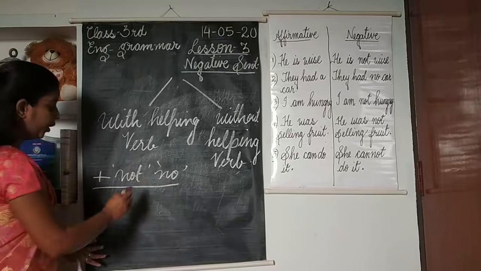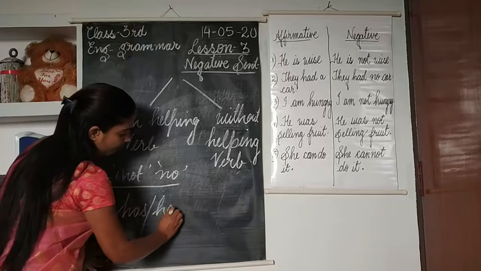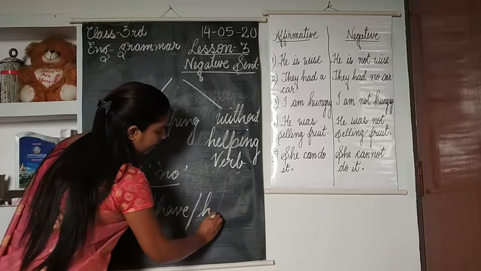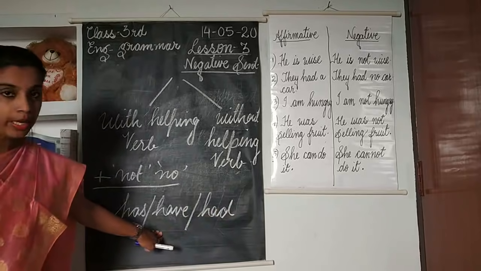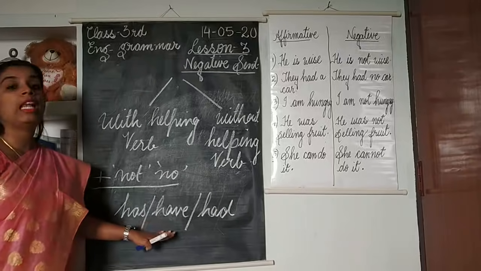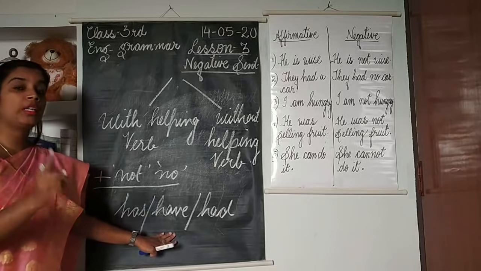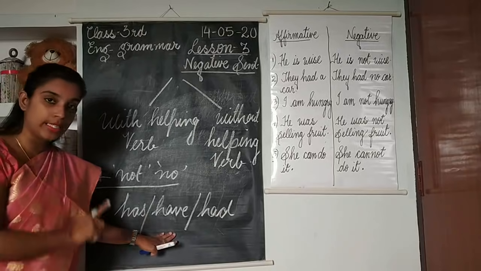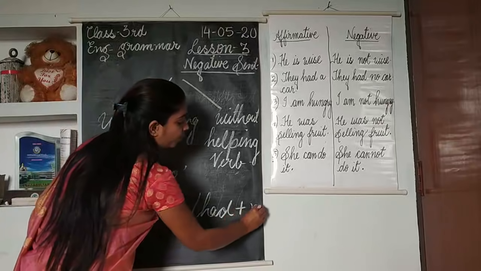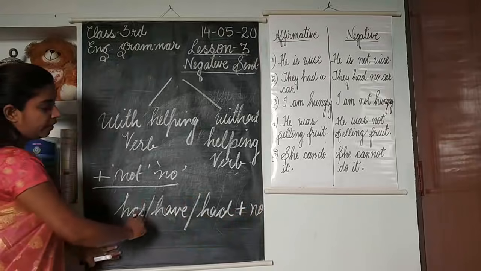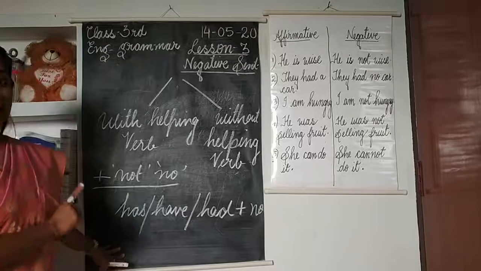I told you about three helping verbs: has, have and had. These three helping verbs show possession. So if any of these three helping verbs is present in a sentence and you are asked to change that sentence into a negative sentence, you will add no after them to make that sentence negative.